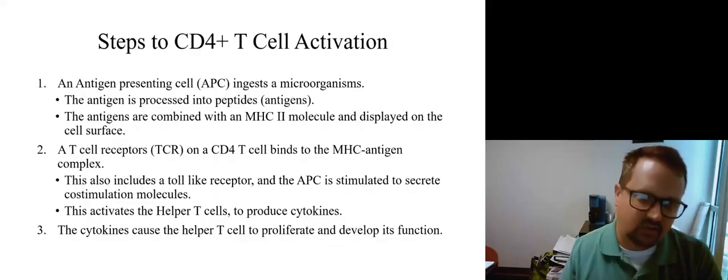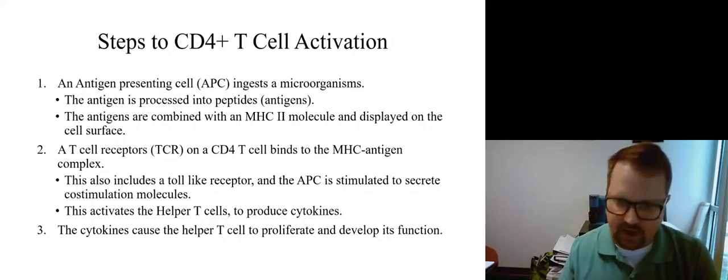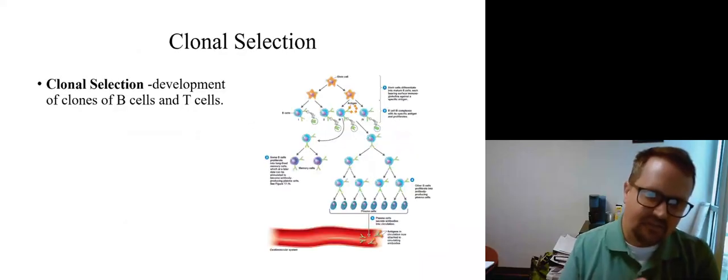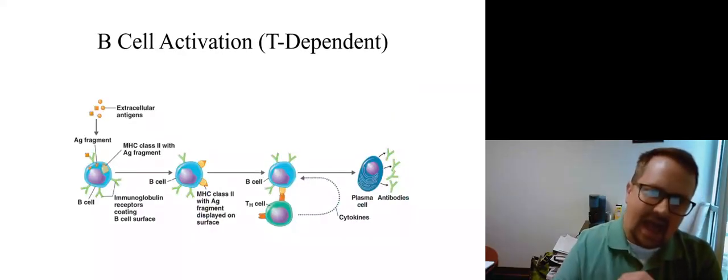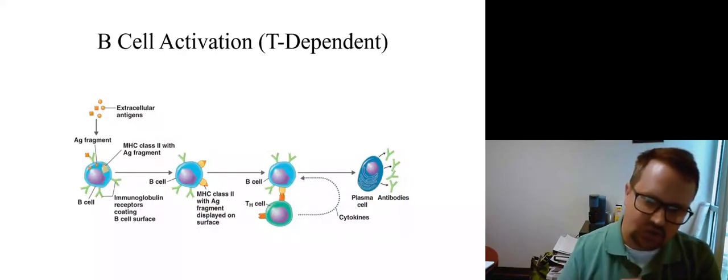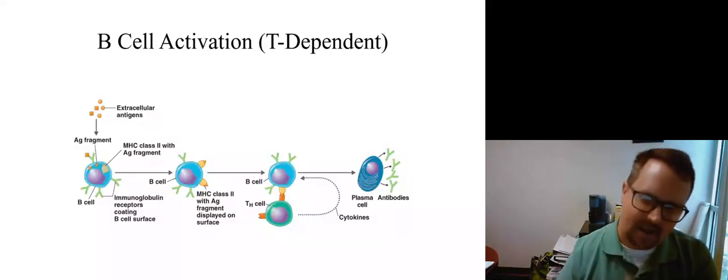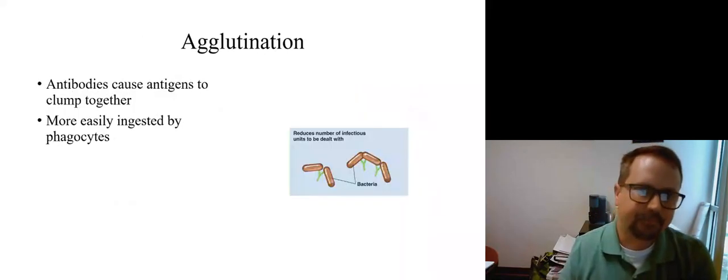The cytokines will help to co-stimulate. Cytokines help the helper T cell proliferate and develop into a helper. Then the helper goes over here and finds the B cell, activates that B cell to the antigen, and makes antibodies. Okay? Think of these two processes happening in parallel to each other.